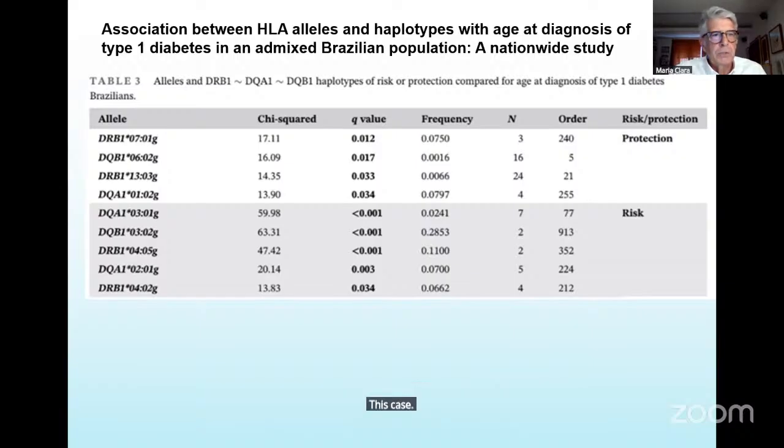So there are protective alleles such as DRB1 0701, 0602 for DQB1, 1303 for DRB1, and 0102 for DQA1. And as we also imagine, DQA1 0301, DQB1 0302, and DRB1 0405 are the major risk alleles.